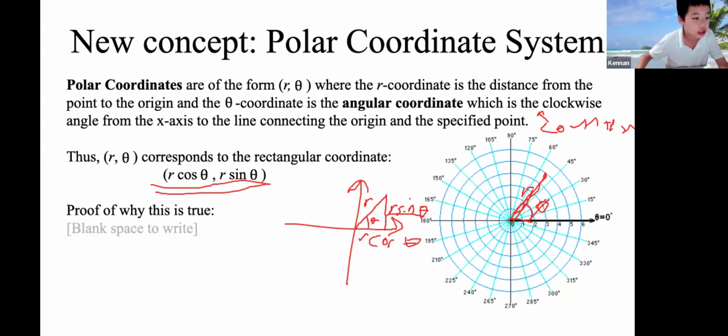As for the proof of why this is true, as I said, it's by the definition of trigonometry: if we have a right triangle with an angle theta and magnitude r, then the y-coordinate is r sine theta, and the x-coordinate is r cosine theta. Think of r as the vector's magnitude, and theta as the angle from the vector to the x-axis.